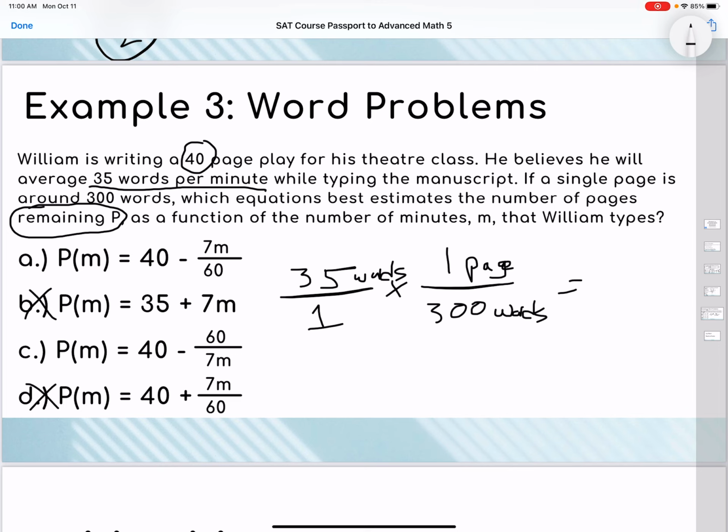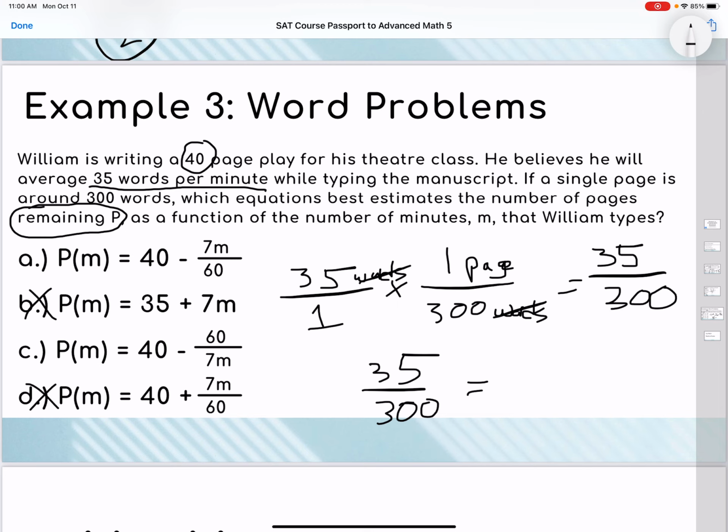Right. So from here, if we multiply straight across, we have 35, and then words will cancel, 35 times 1, over 300 times 1, which is 300. All right, so we have 35 over 300.